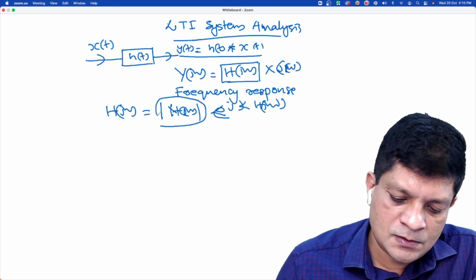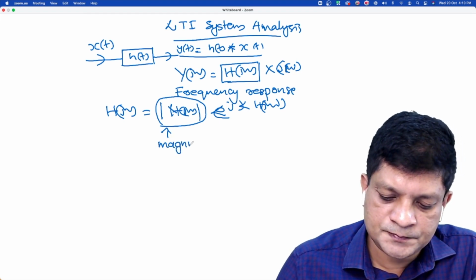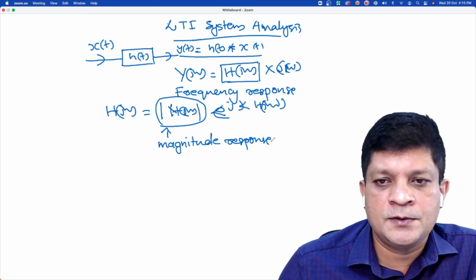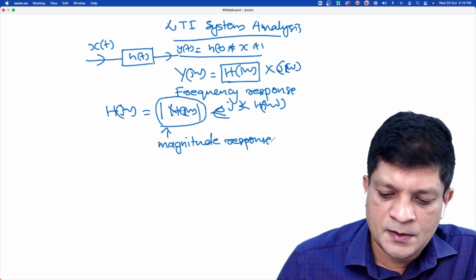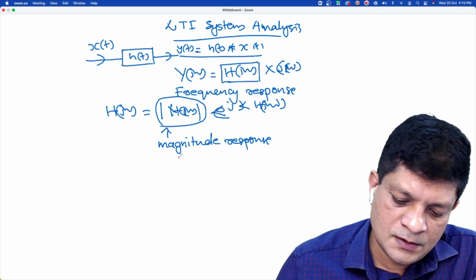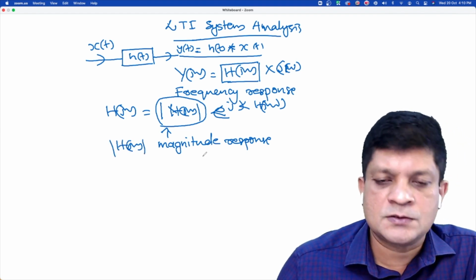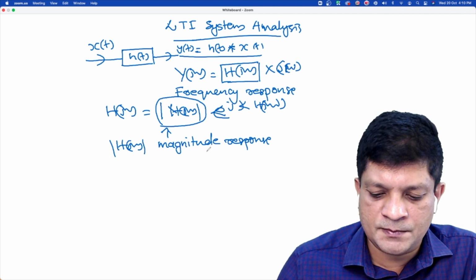And this is called the magnitude response. It is called the magnitude response of the system. And this is called the phase angle. This is mod of H of j omega. This is called the magnitude response of the system.